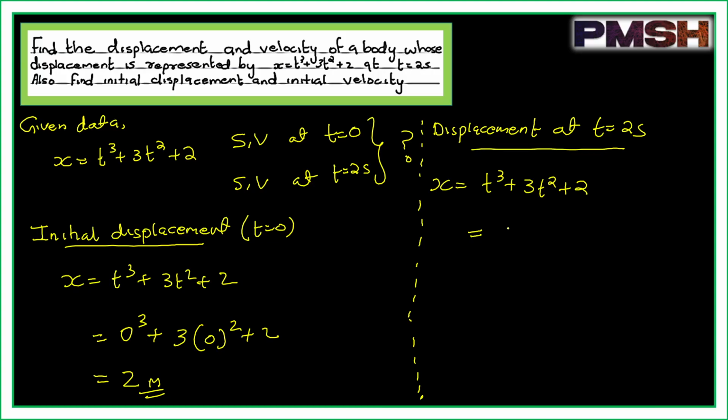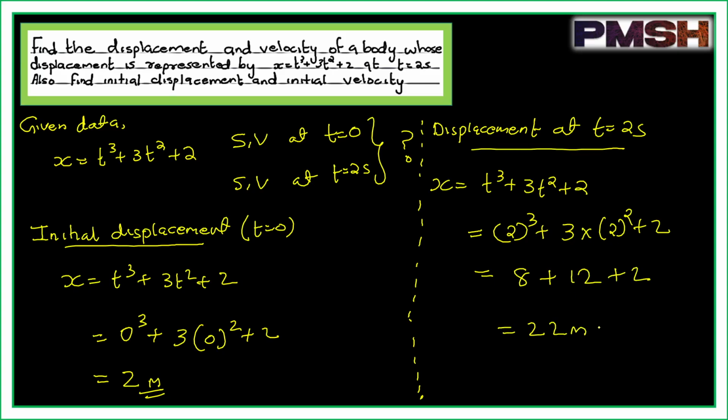Just substitute t = 2. That is 2 cube plus 3 into 2 square plus 2. So that is 8, plus 2 square is 4, 4 times 3 is 12, plus 2. So the answer is 22 meters. Clear? Now you want to find velocity.